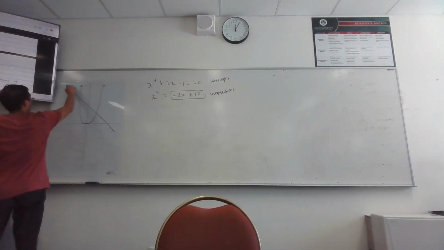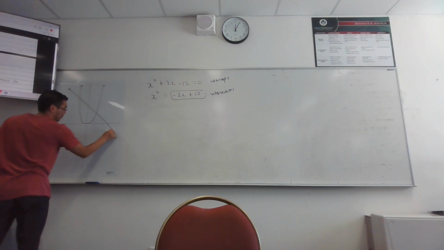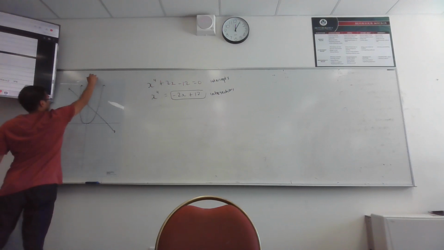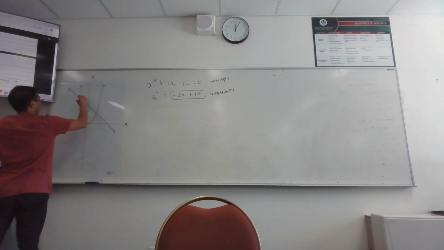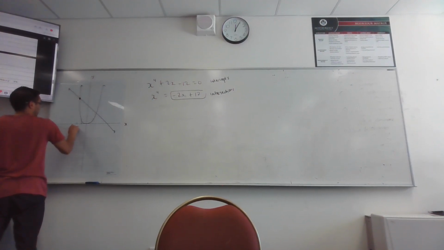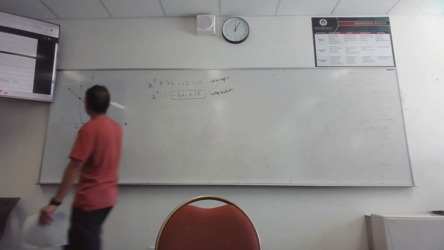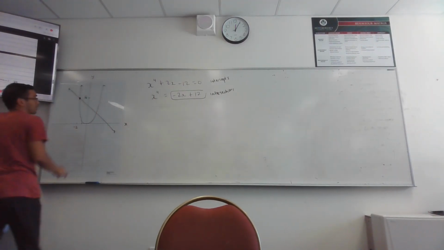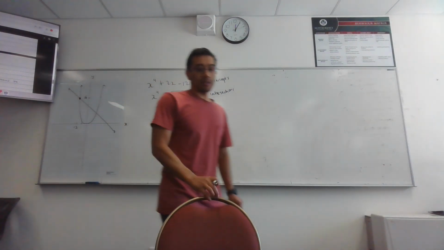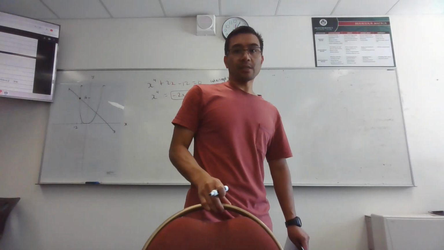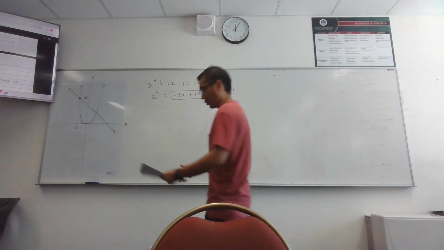Don't worry about the grid lines so much. Over here, if you were to graph it, there's an intersection at negative 2 and 16. If I wasn't sketching, you could read it off, but let's prove that right now.